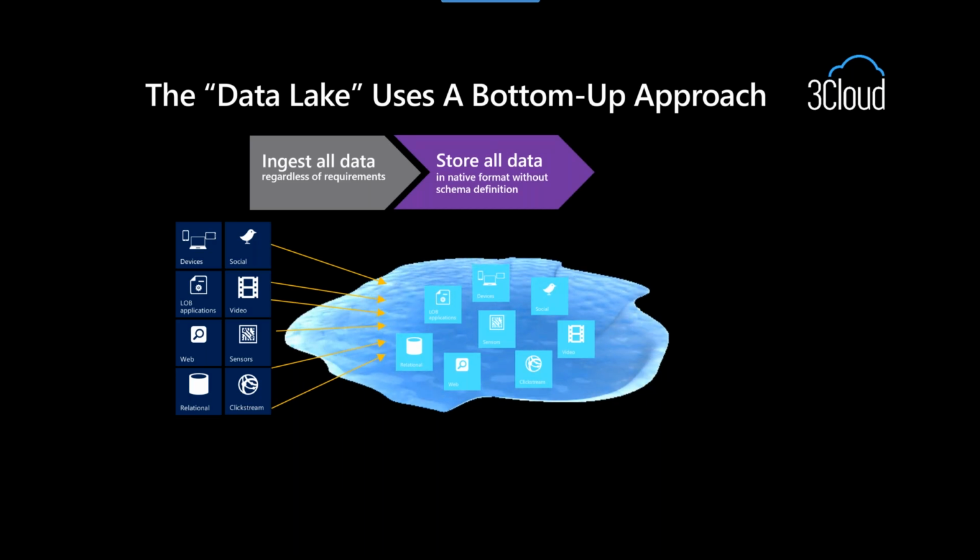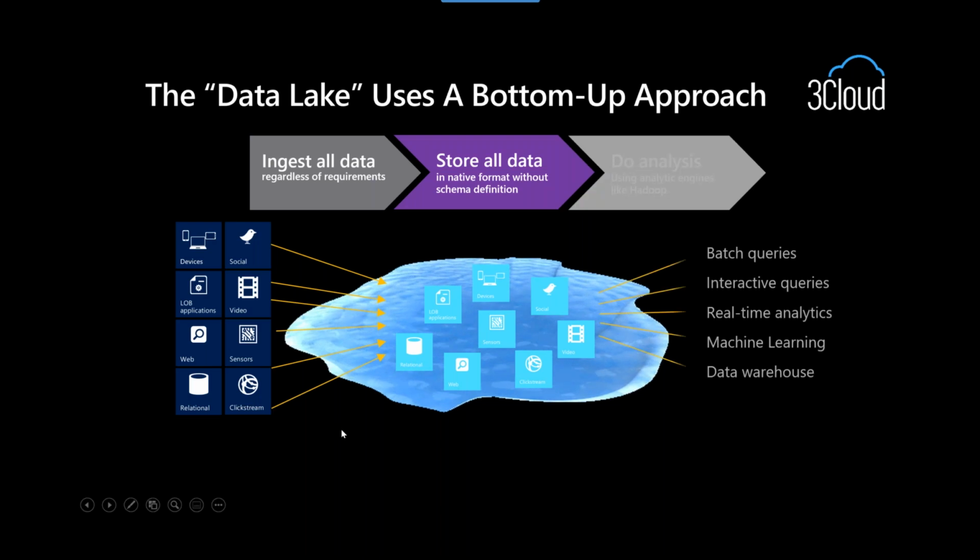We kind of go at it with a store all data approach. We don't try to change anything immediately, and then we'll work from there. We do the analysis piece after the fact. We do the batch queries, interactive queries after it's all been stored. And then eventually it ends up in a data warehouse.